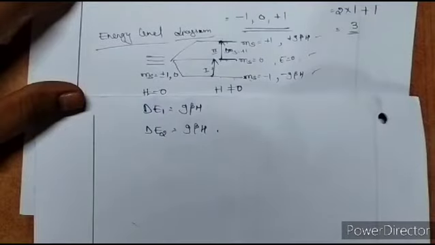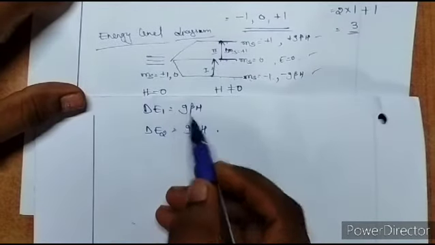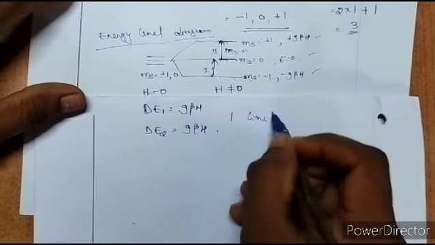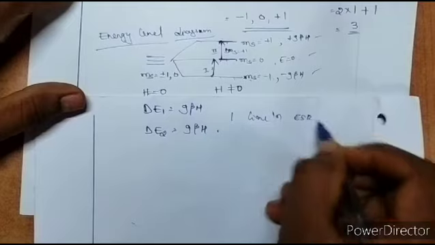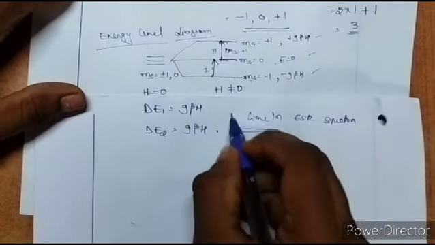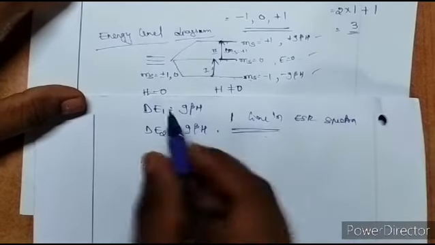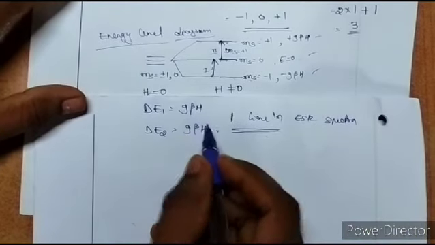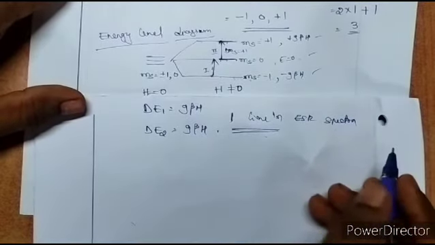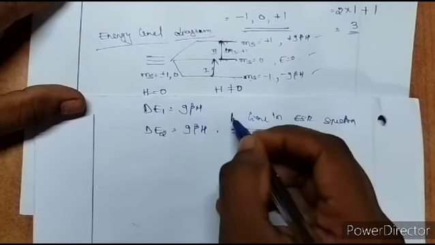As the energy for both transitions is the same, we expect only one line in the ESR spectra. We should get only one signal in the ESR spectra, because the energy for both transitions is the same. That is our prediction.